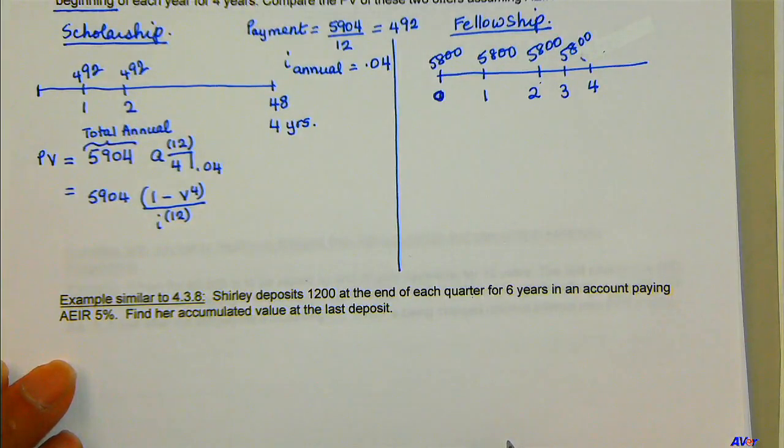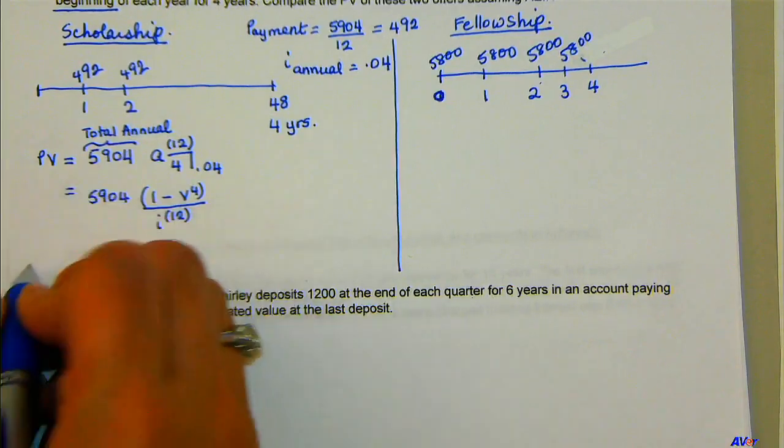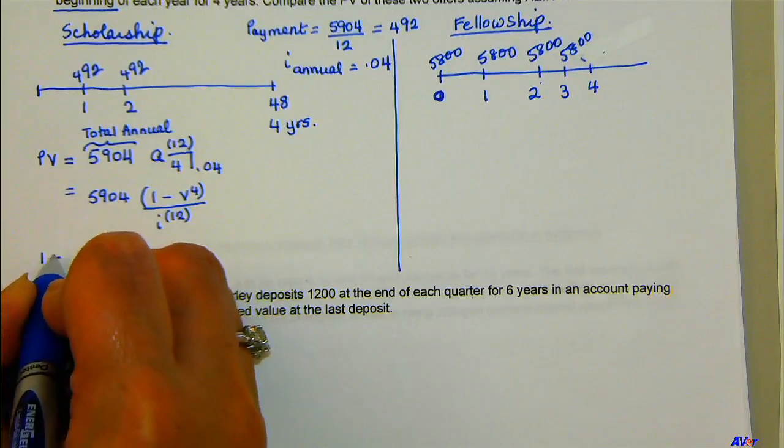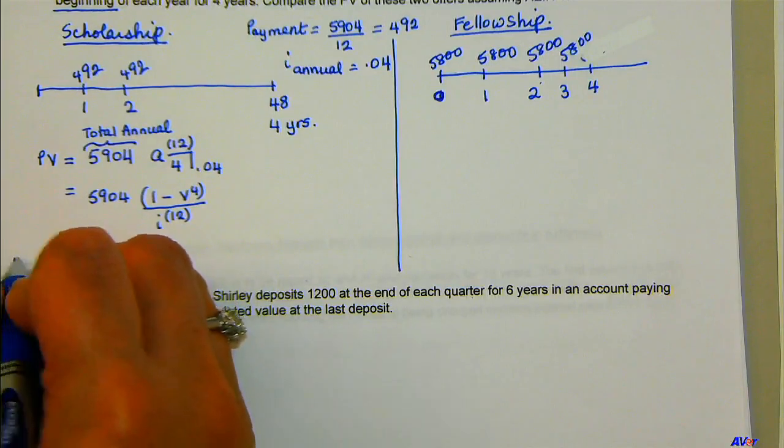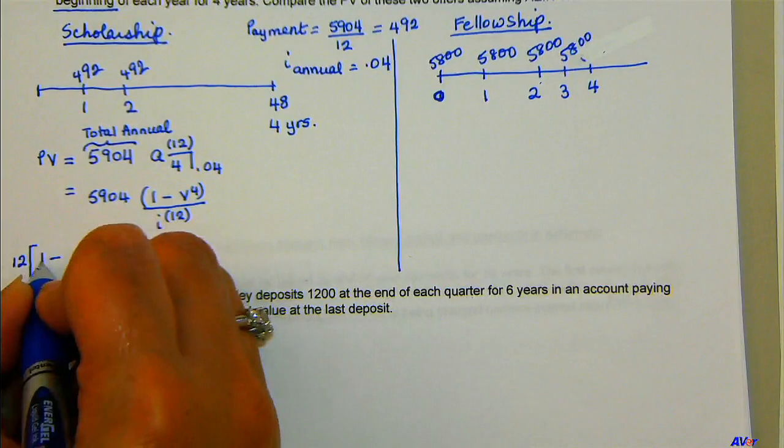Let's say I'm clueless. What do I do? It's 12 times parentheses 1.04 to the 1/12 minus 1.